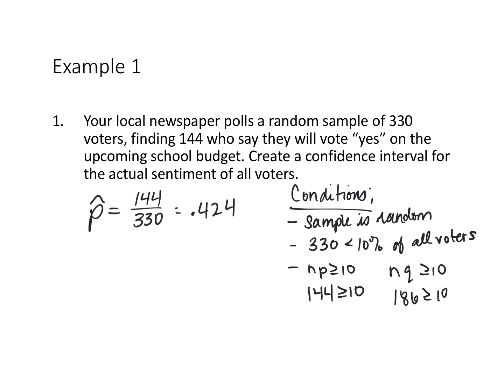I did 330 minus 144. Well, because if I had 144 successes, if I subtract that, that's how many failures. People that said no. Right? So those two numbers should add to my sample size. If I'm given the numerator of the proportion, that's my np.